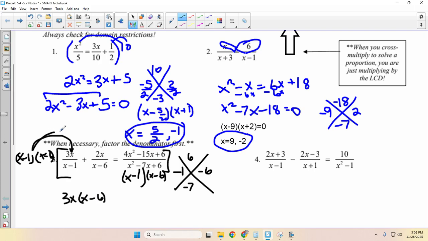For this one I get 2x, the x minus 6 cancels, and I have the x minus 1. For this one, the whole denominator cancels, and I have 4x squared minus 15x plus 6.